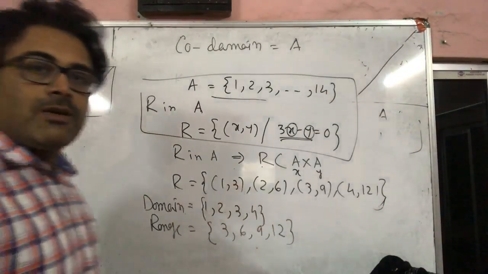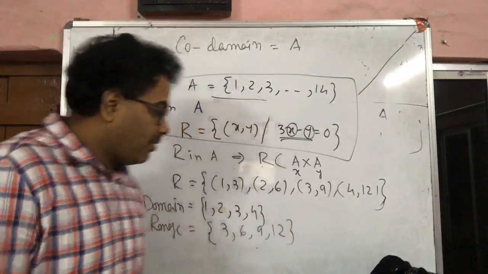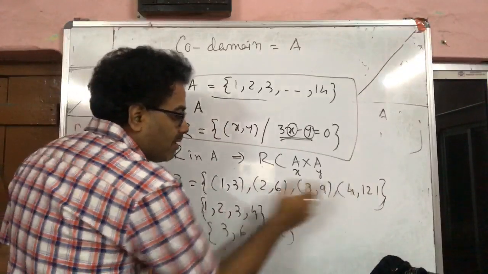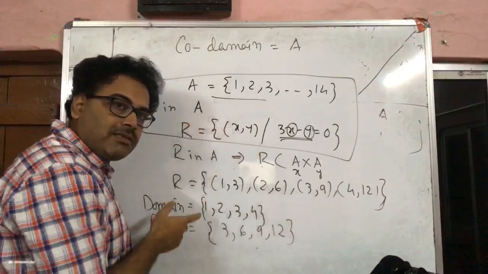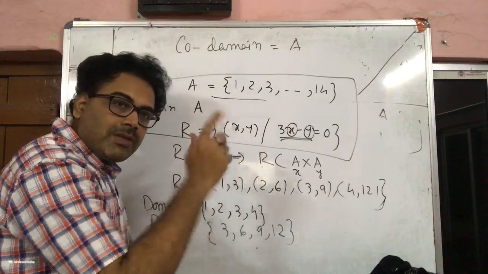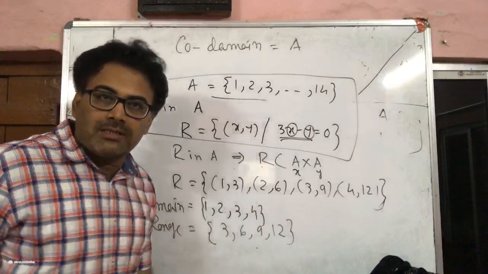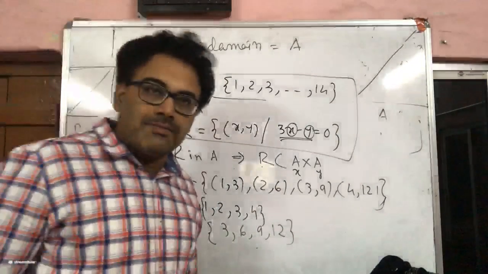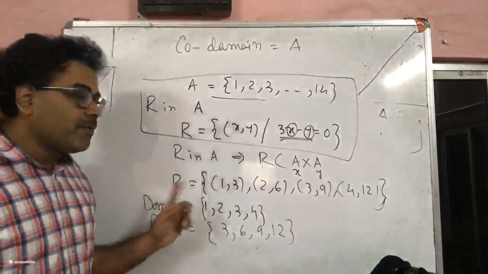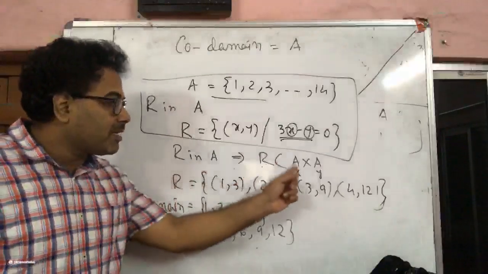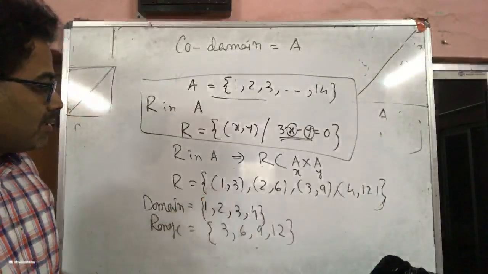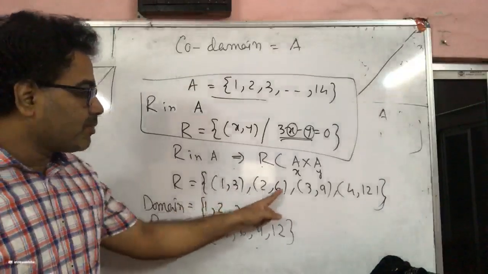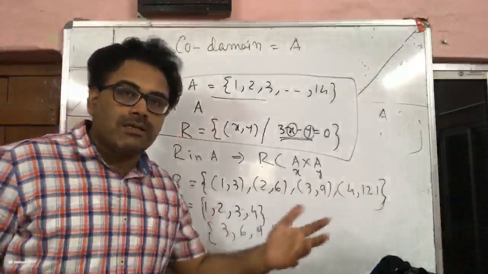So domain is clear. Domain means all inputs, all x. Let me revise: R is a subset of A cross A. So what is in A cross A? Pairs. All pairs. And what is in R? Few pairs of A cross A which are connected by the relation 3x equal to y. Complete.